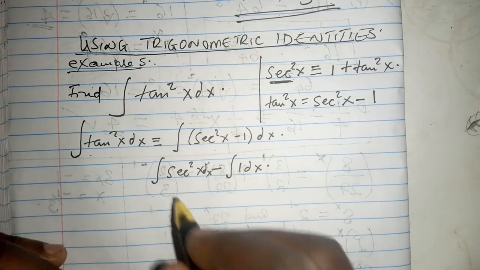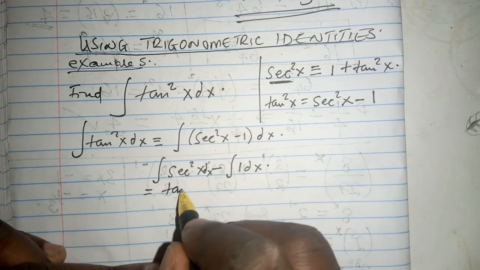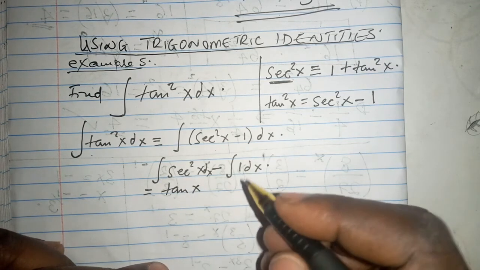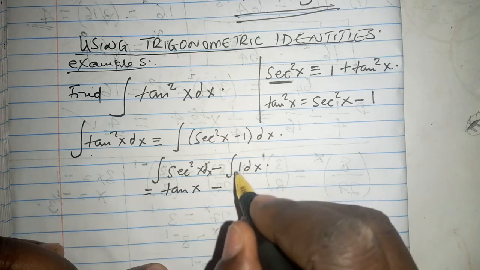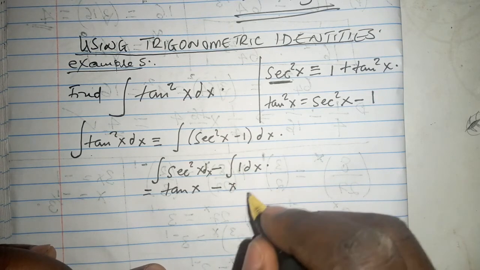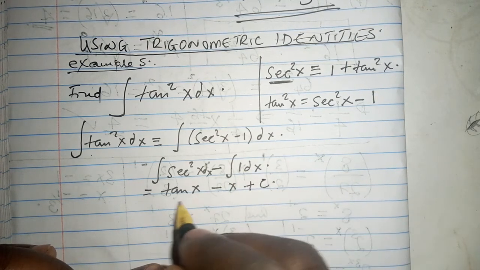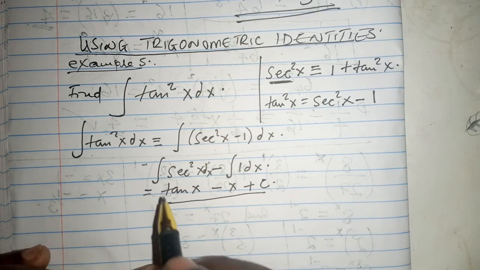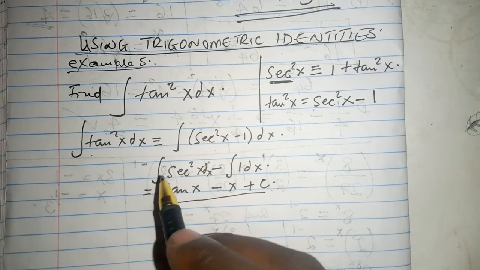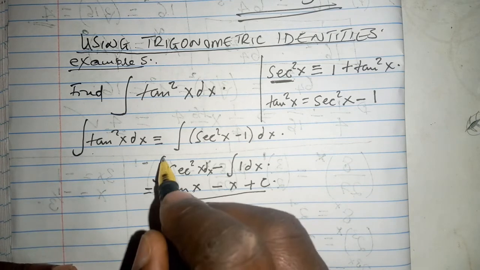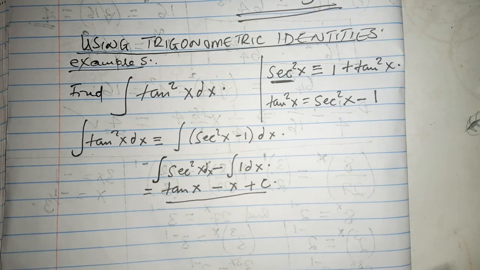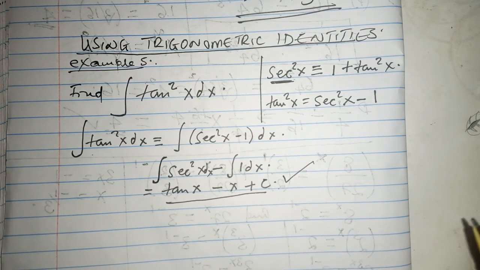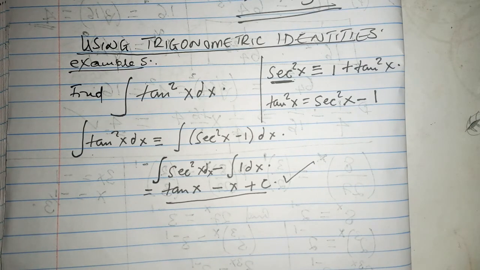So straight away, this is going to be tan of x minus, of course, the integral of 1, which is x. At the end of it all, we have to add c, because it didn't have limits. So that is it, and that's the end of that example.